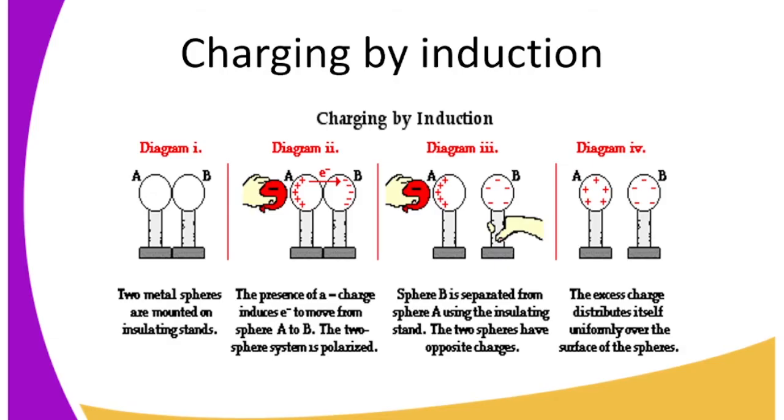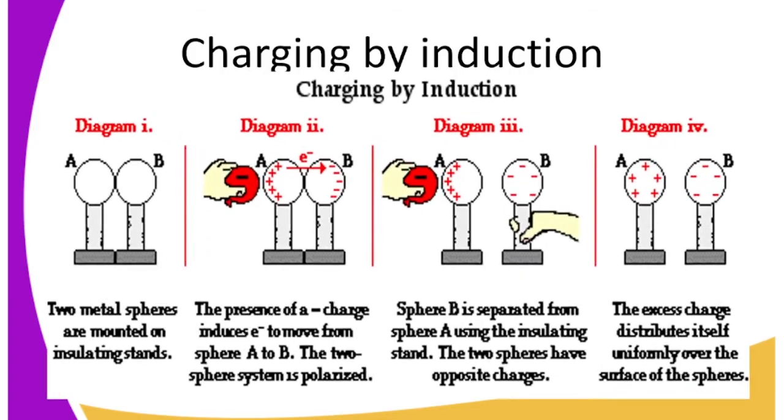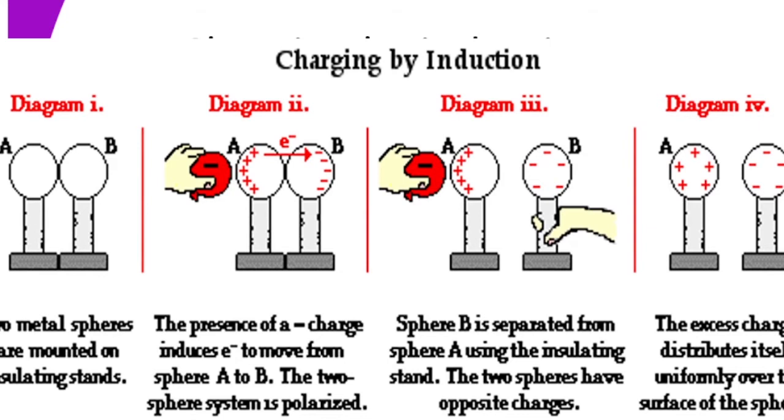The first is charging by induction. As you can see there are two metal spheres, A and B. So we are going to bring a negatively charged sphere close to A and B. What happens? Since the positively charged particles cannot move, they are going to remain at point A, while the negatively charged particles, which are the electrons, are going to be repelled, because we have said that like charges repel.